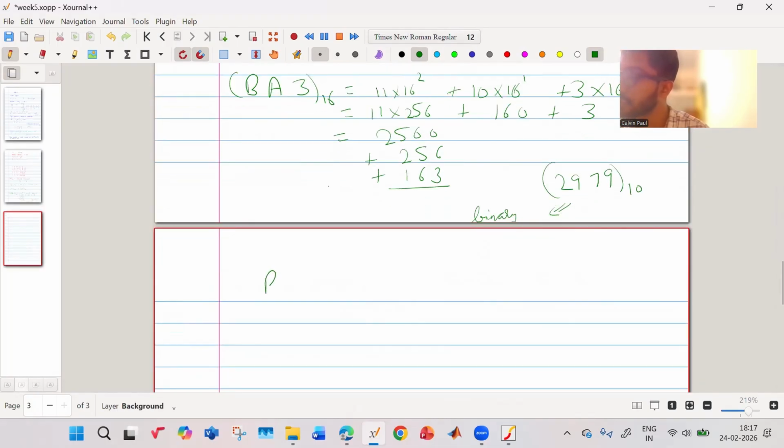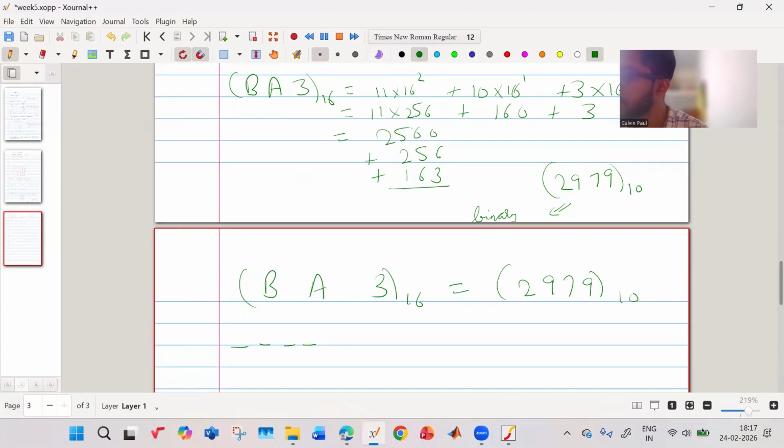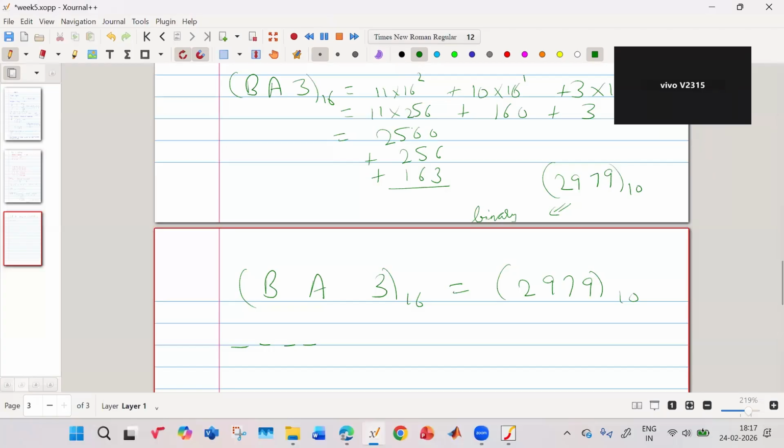So what we do is this: BA3 in hexadecimal, which stands for 2979 in decimal, you represent as 4 bits each: for B, for A, and for 3. 3 you write as 0011.